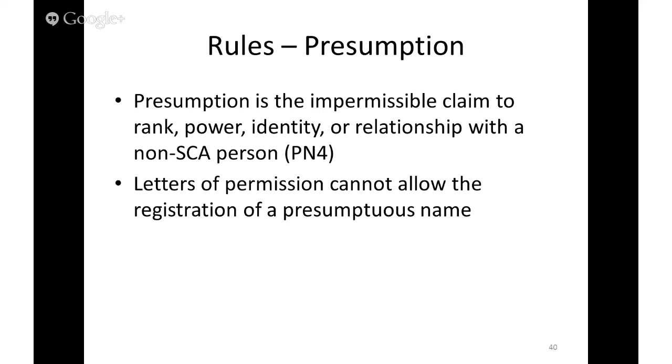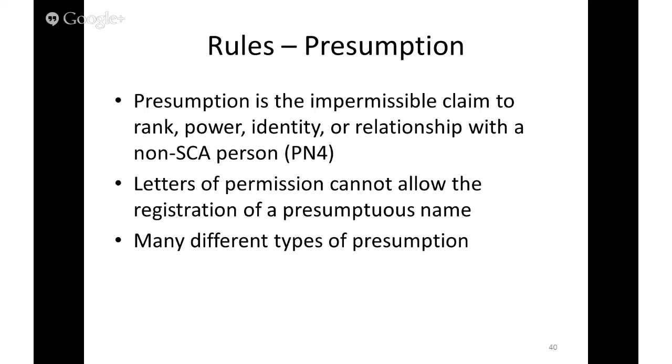If you try to register the name Harry Potter, which is a perfectly period medieval English name, you cannot register Harry Potter. Even if you go to J.K. Rowling and get a letter from her saying it's okay, we're still not going to register it. Because this is a presumption issue, not a conflict issue. And you cannot get permission to presume.